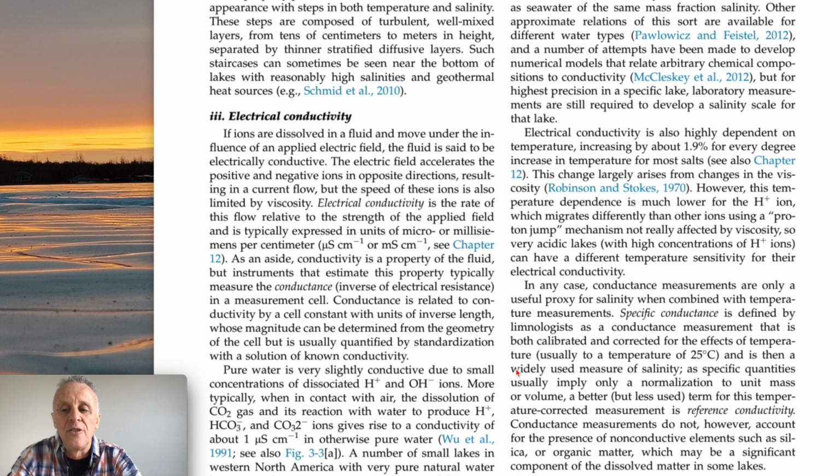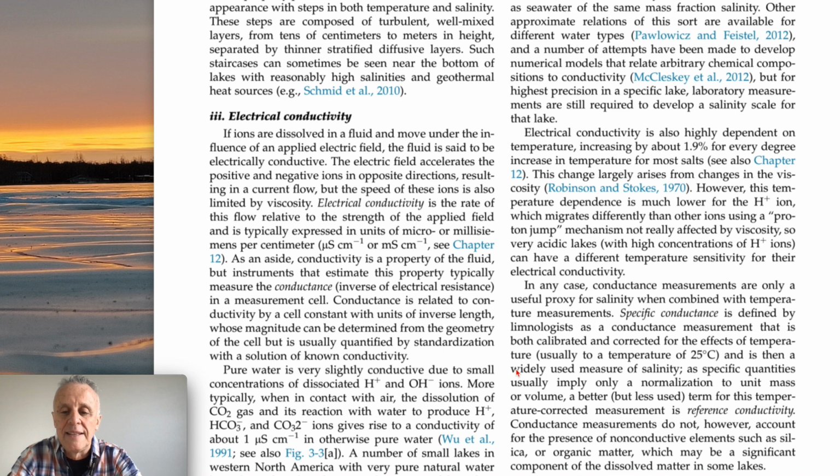Electrical conductivity is also highly dependent on temperature, increasing by about 1.9% for every degree increase in temperature for most salts. This change largely arises from changes in the viscosity. However, this temperature dependence is much lower for the proton ion, which migrates differently than other ions, using a proton jump mechanism, not really affected by viscosity.